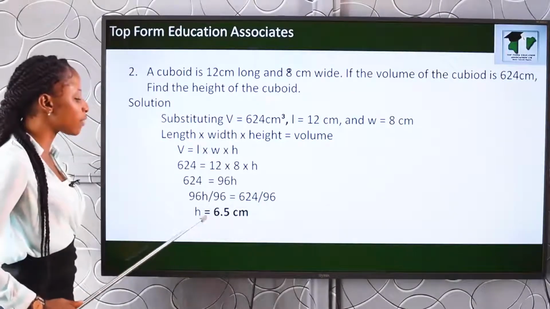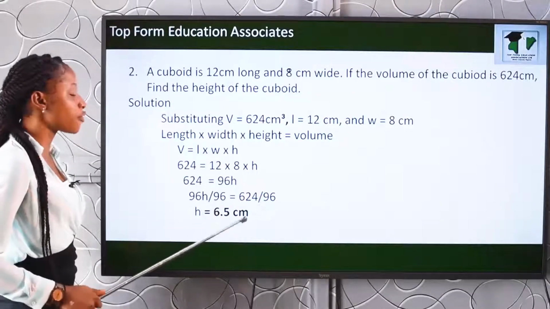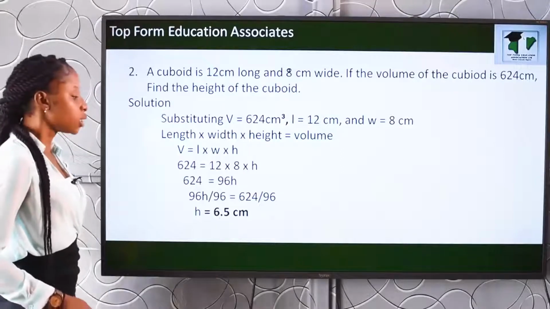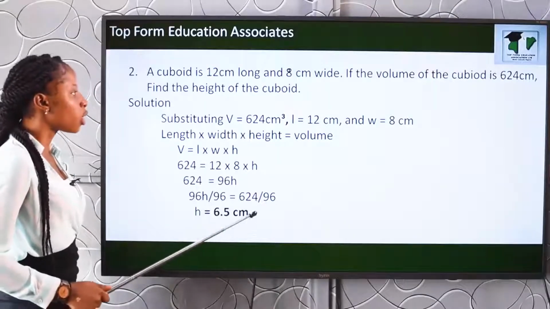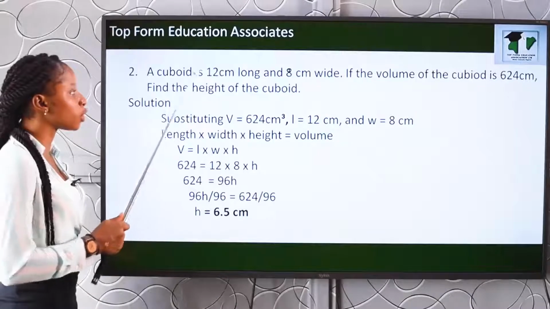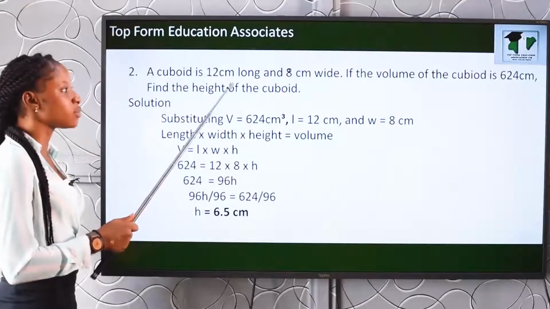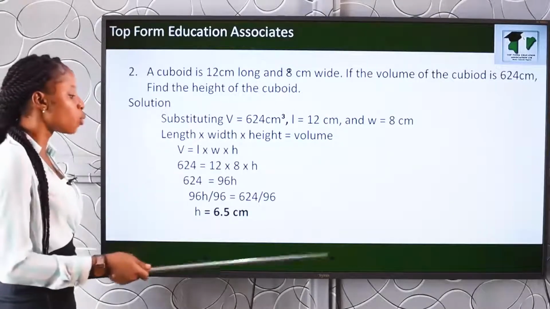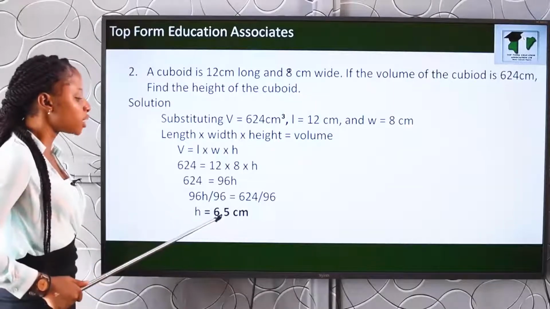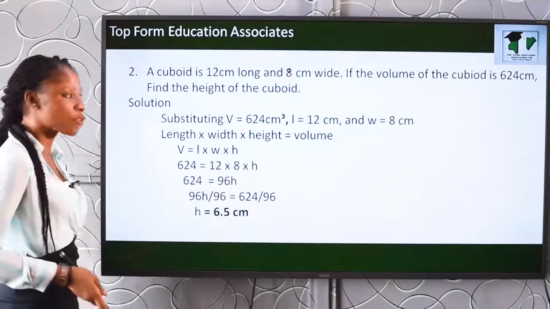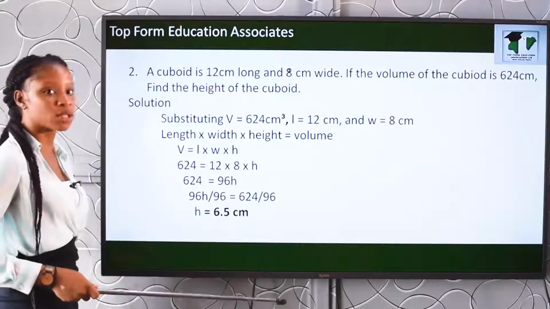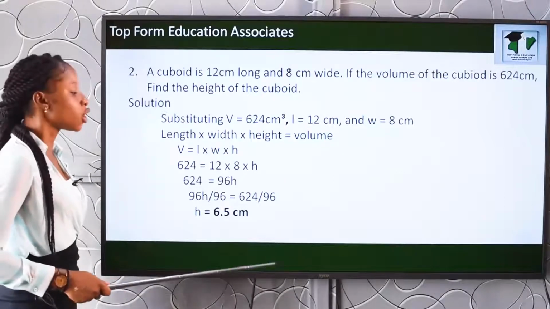And when you do that, you have the height as 6.5 centimeters. So a cuboid with a length of 12 centimeters and a width of 8 centimeters will have a height of 6.5 centimeters if the volume is 624 centimeters cubed.